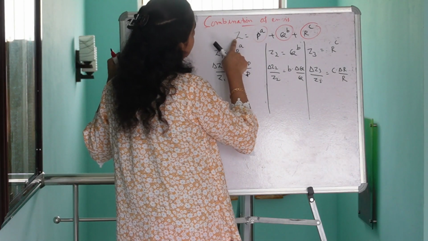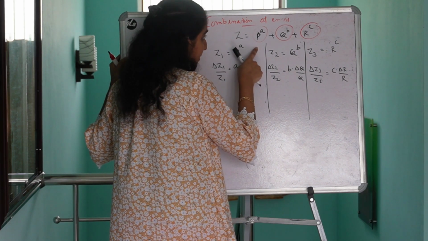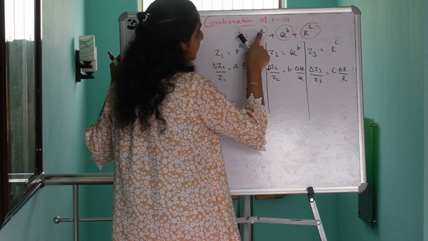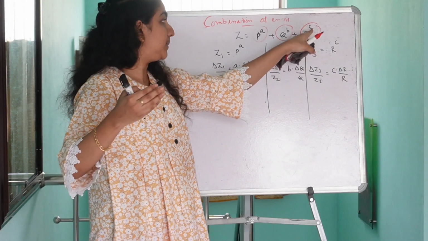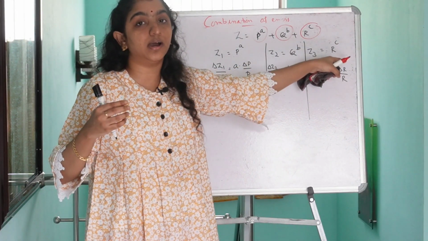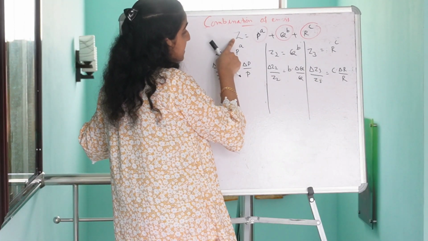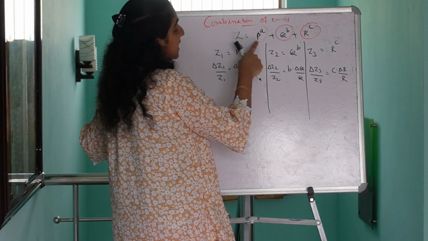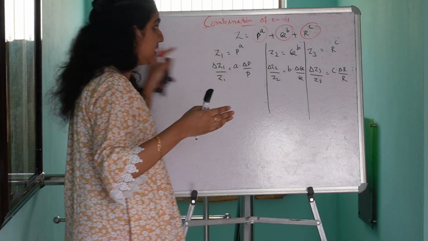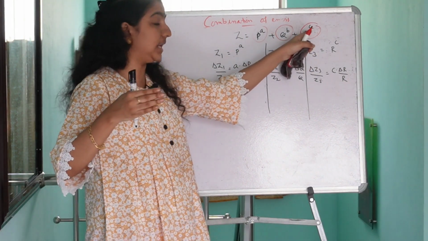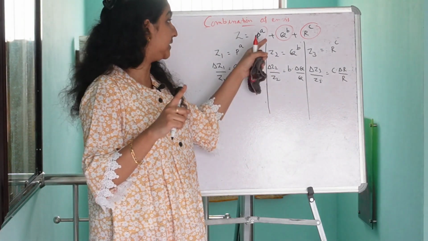That is, the maximum possible error or the absolute error in the resultant is equal to the absolute error in the physical quantity P plus the absolute error in Q plus the absolute error in R. In the case of multiplication and division, the relative error in the resultant is connected to the relative error in each of these terms, that is the relative error in P power A, Q power B and R power C. Here the case is not multiplication or division, but addition.